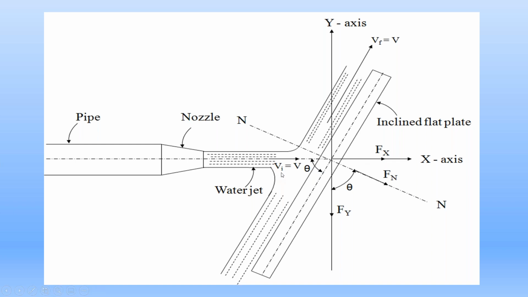What is the initial velocity? Vi is equal to V. With this normal line, the angle made by the initial velocity is 90 minus theta.